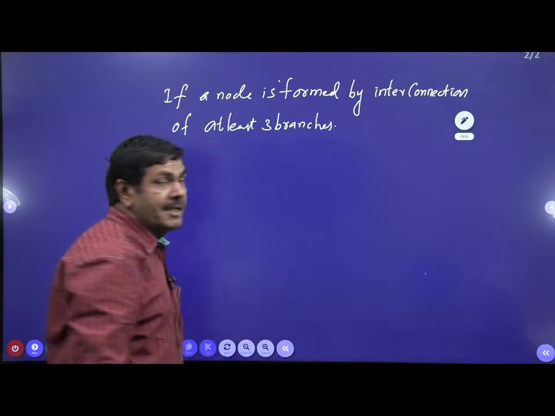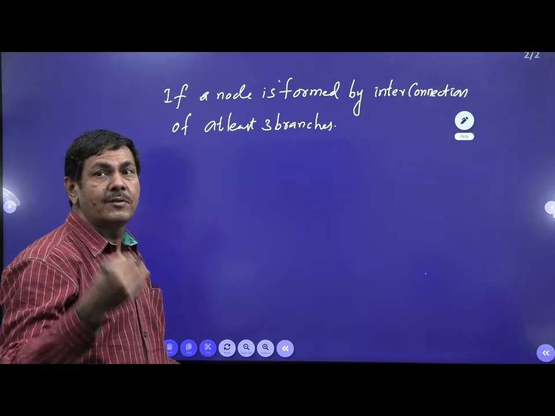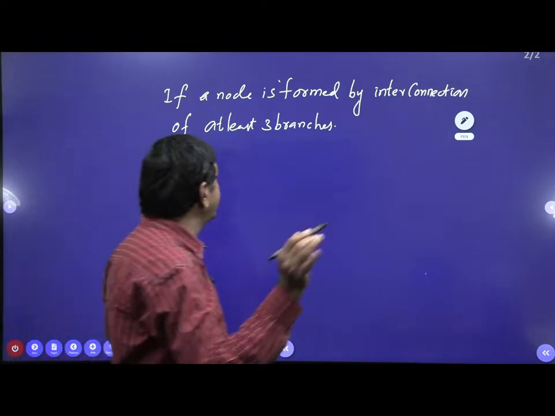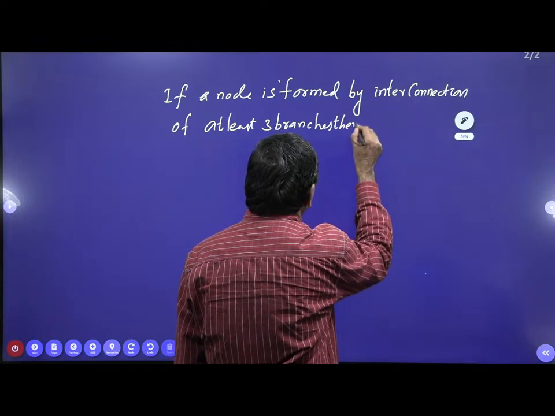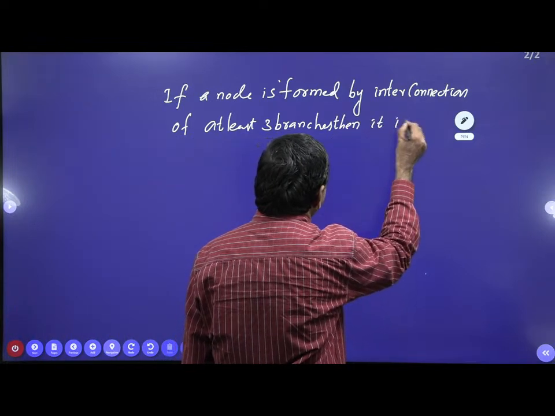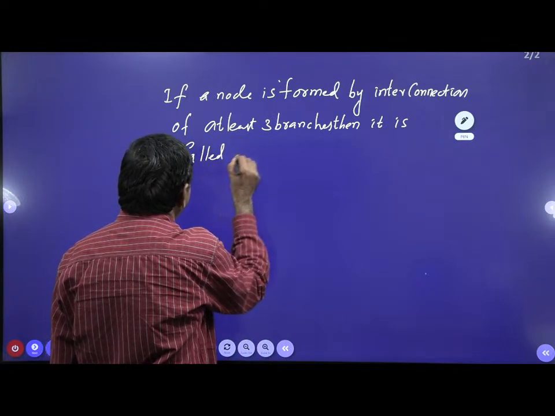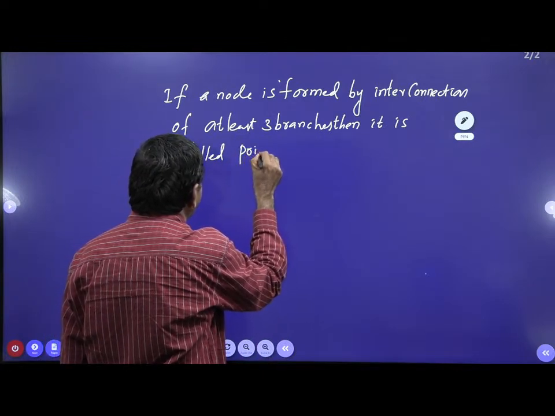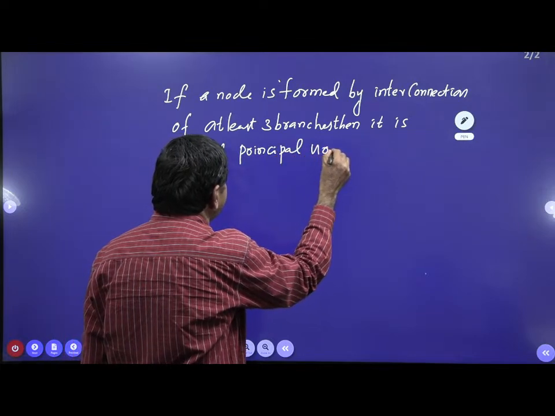At least three means I said minimum is 3. Three or more; you can have 3 or 4 or 5 or 6. Minimum is 3 branches. Then it is called a principal node.